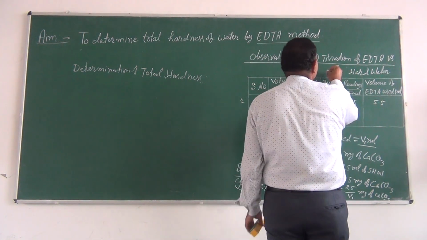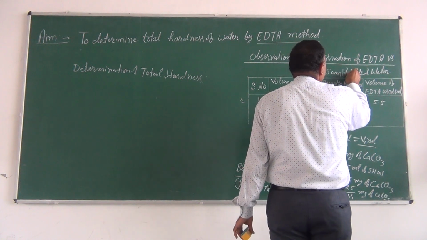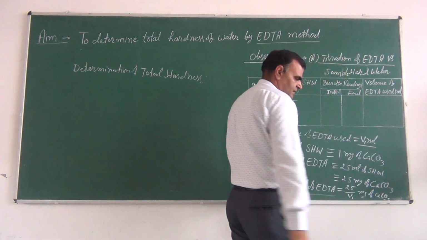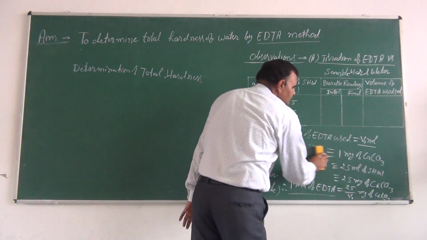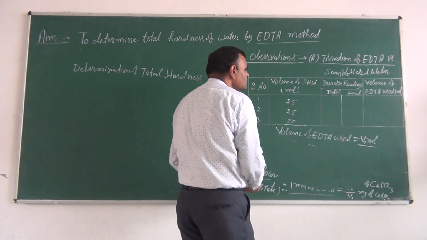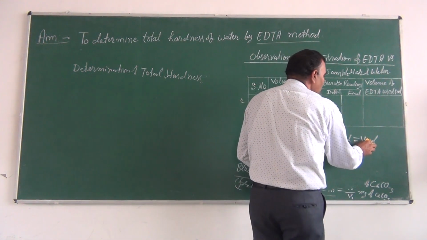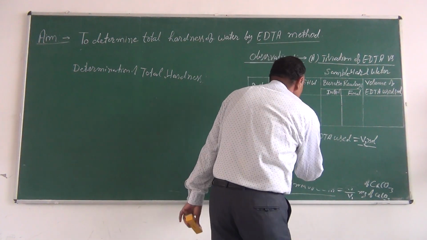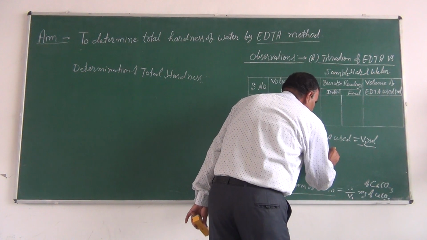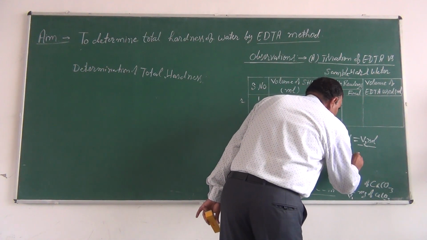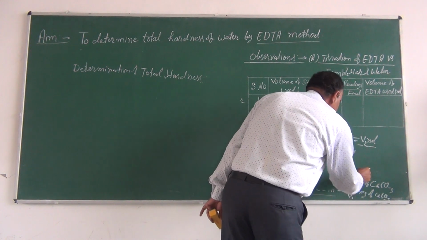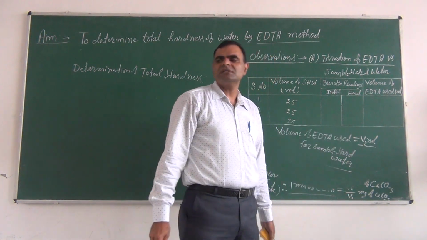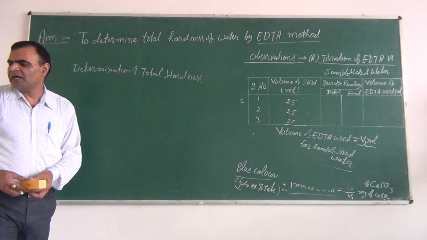Here we will take sample hard water and again perform the same type of titration, and let the volume of EDTA used for the sample hard water be V2 ml.